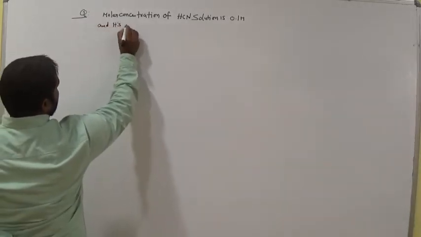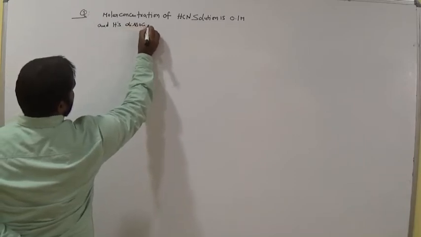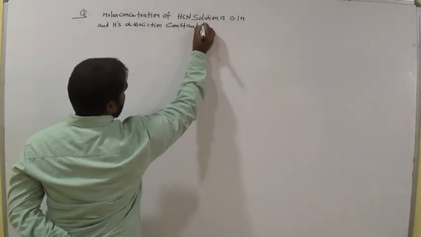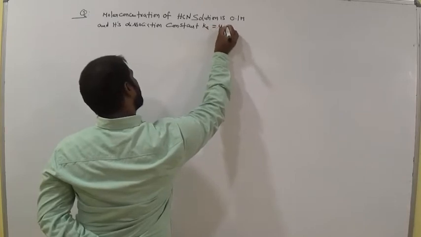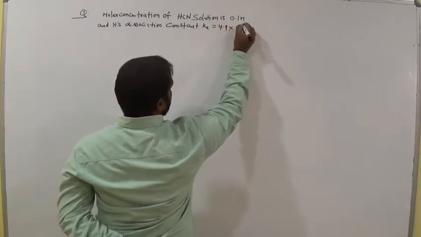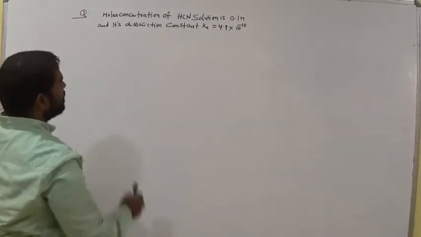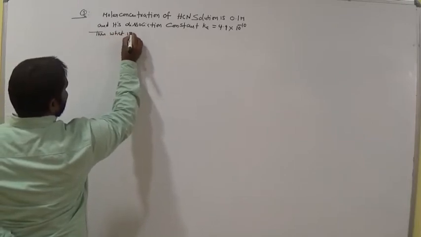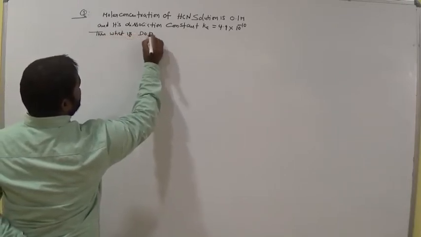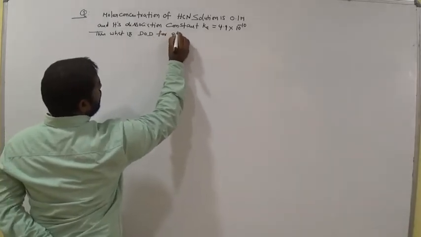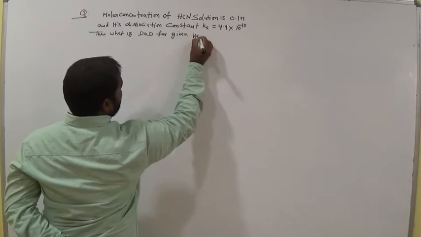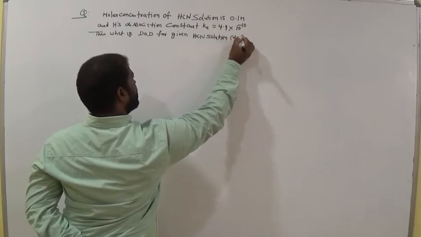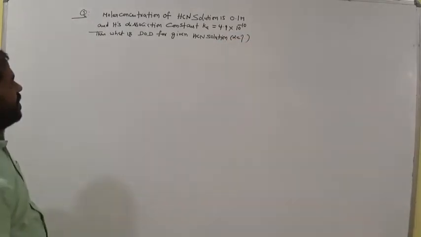And its dissociation constant Ka is equal to 4.9 into 10 power minus 10, then what is the degree of dissociation for the given HCN solution? That means alpha, how much? You are asked in the question: degree of dissociation means alpha.